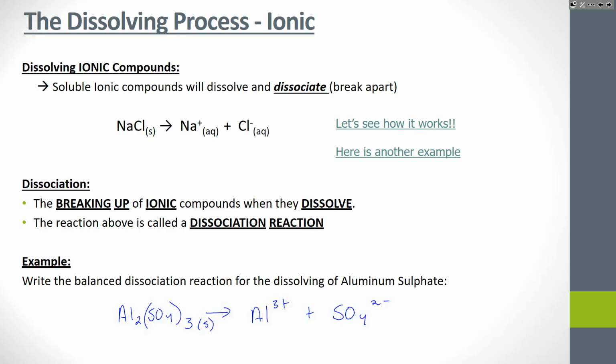Well, two aluminums are from the Al2(SO4)3, it's going to dissociate into two aluminum ions. But we don't put the two here because that implies that those aluminums are stuck to each other. We're breaking it up into the ions that make it up. So the 2 goes here to balance it. And the same idea with the sulfates. There should be 3 sulfates being made, so we put a 3 there to make 3 sulfates. So we balance using coefficients here. We're making 2 aluminum ions and 3 sulfate ions. We're just taking that apart.